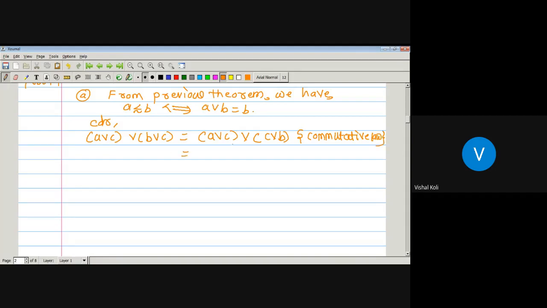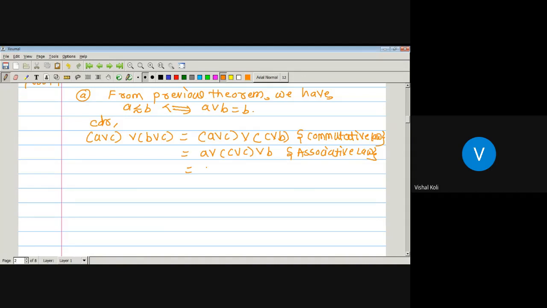Now this can be written as A join C join C join B, which is from the associative law. But from the idempotent law, C join C is nothing but C.